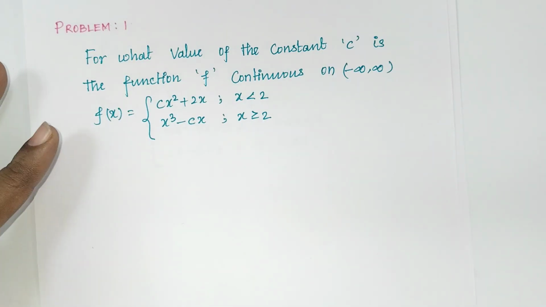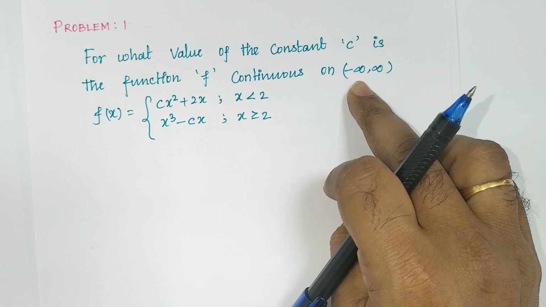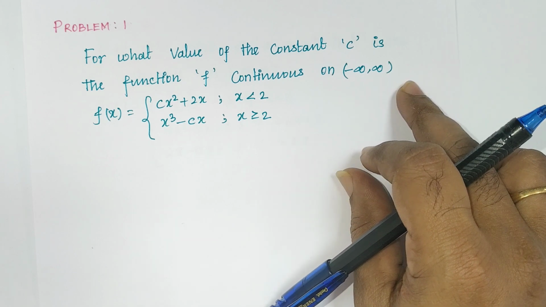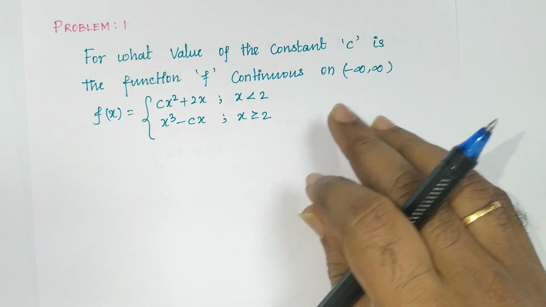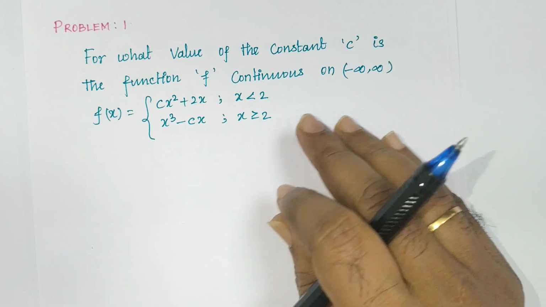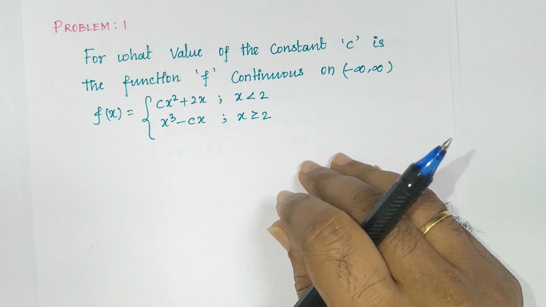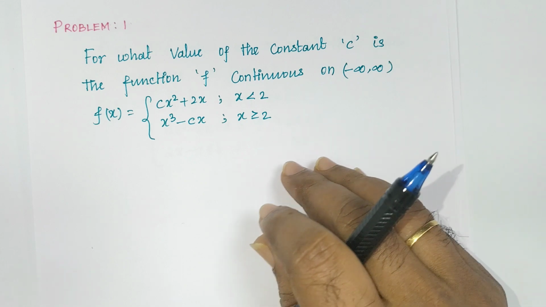The first one: for what value of the constant c is the function f continuous on the interval minus infinity to plus infinity? Here they said the function is continuous, and we need to identify which value of c gives a continuous function. We are not going to prove whether it is continuous or discontinuous.